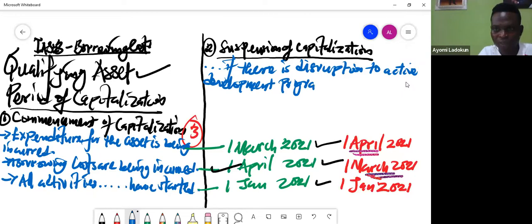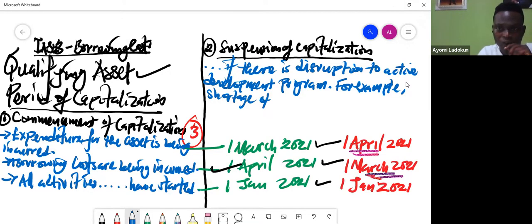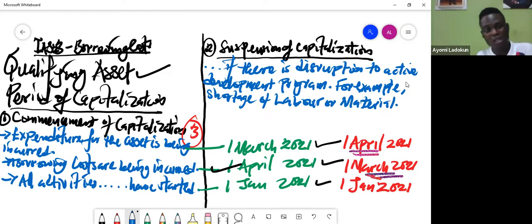What does that mean? For example, shortage of labor or material. That's a classical example of disruption to an active development program.